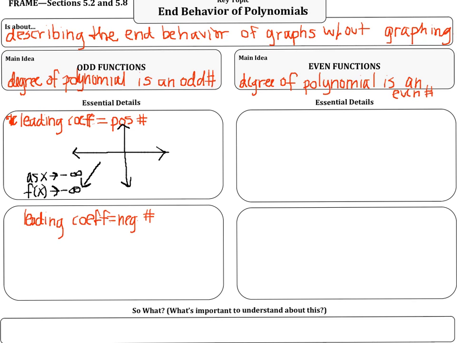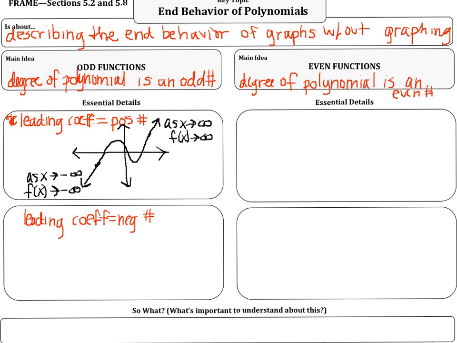And then on the other side of the graph, so that's one end behavior, as x goes to positive infinity, then the function f of x is going to go to positive infinity as well. So as x goes this way, my function is also going to go up this way. So that's my end behavior on both sides. And my graph in the middle will change a little bit, but it's going to look something like this.